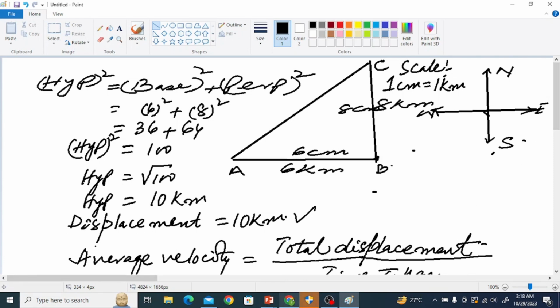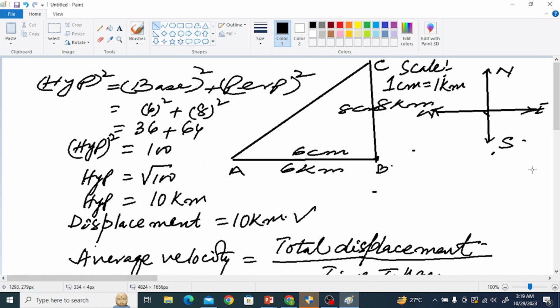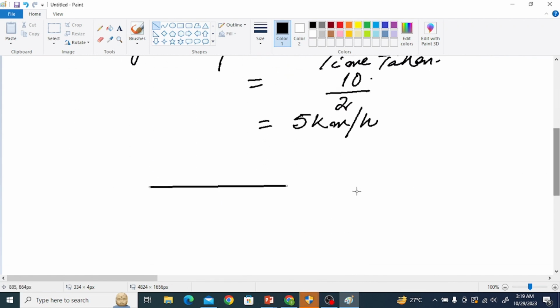So considering the question that's given to us here, 5 kilometer due west and then return back 4 kilometer. This is the starting point O. From O to A, this is 5 kilometer due west, and then he returned from this point towards the starting point 4 kilometer, let's suppose up till this.